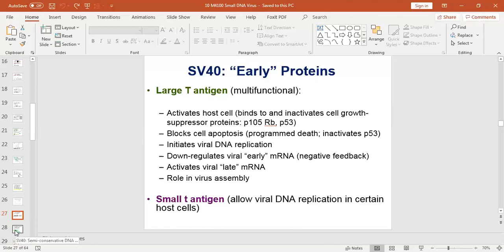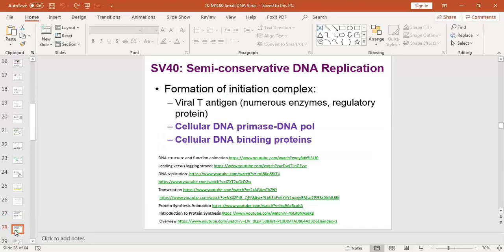Moving to slide 28. SV40 semi-conservative DNA replication.